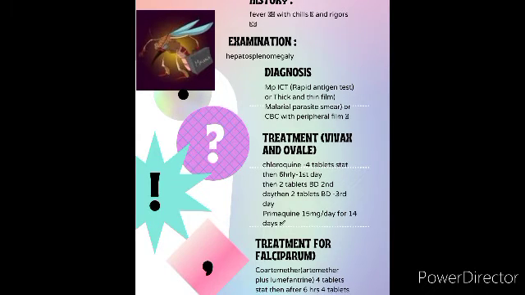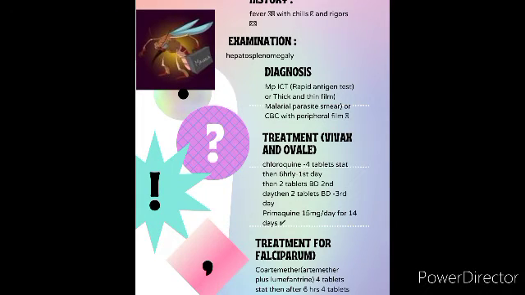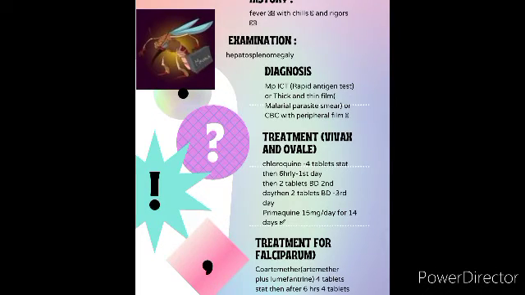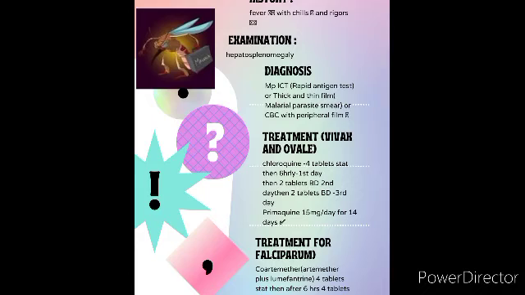That will be deadly, right? So why do you go for Primaquine? Because Vivax and Ovale have an exoerythrocytic phase. Normally the malaria parasite goes for the RBCs, but these Vivax and Ovale Plasmodium species have hypnozoites in the liver.